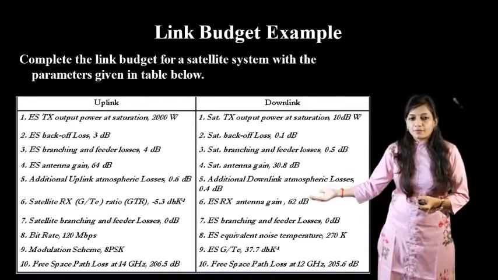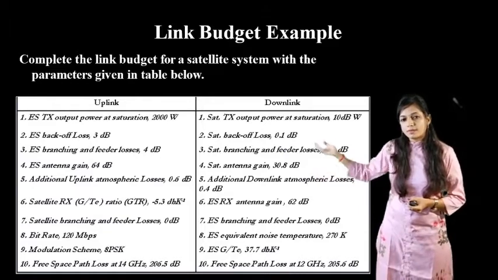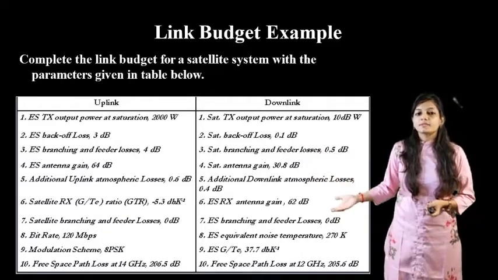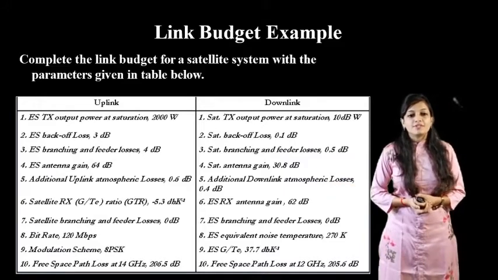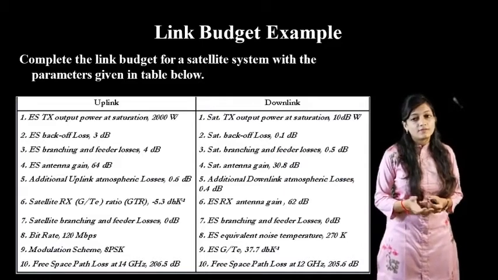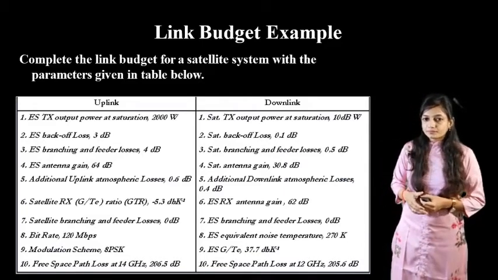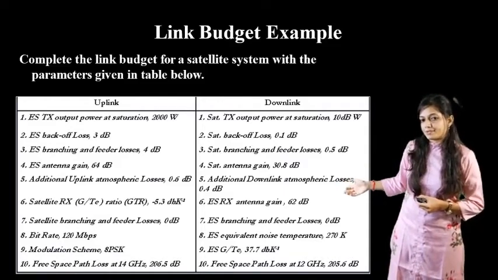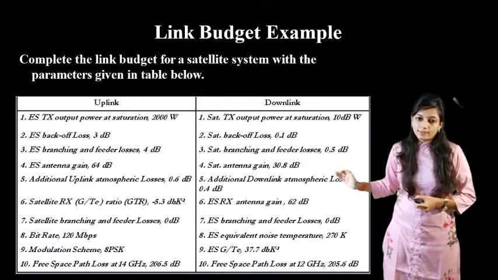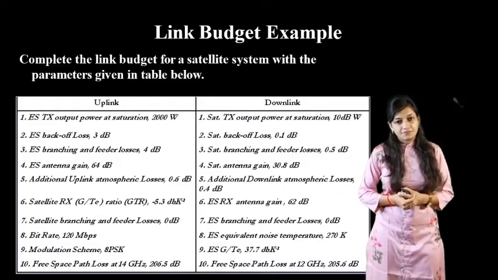We can compare the atmospheric absorption, which is 0.6 dB for uplink and 0.4 dB for downlink, almost near, right? Then the satellite receiver G/T ratio, gain to temperature ratio, that we have discussed already in chapter number 8, is minus 5.3 dB per Kelvin, and for the downlink it is 62 dB, right?